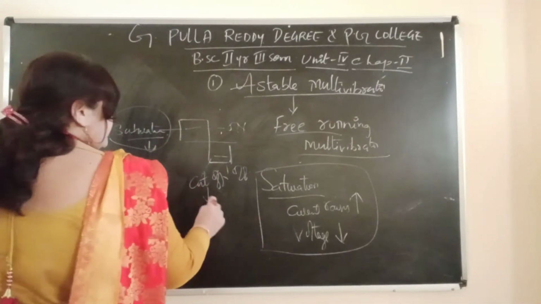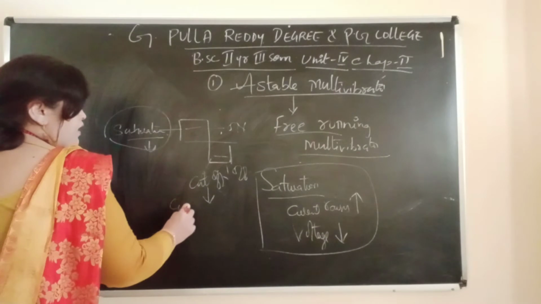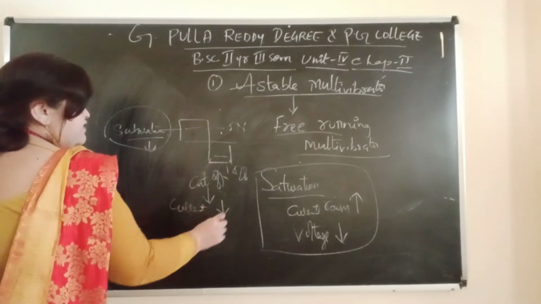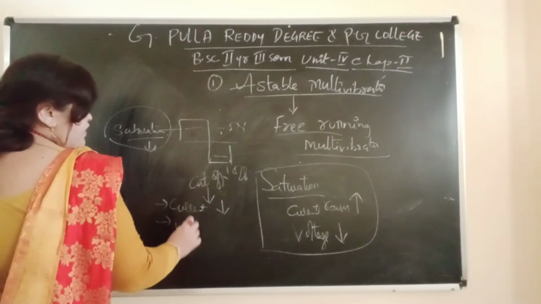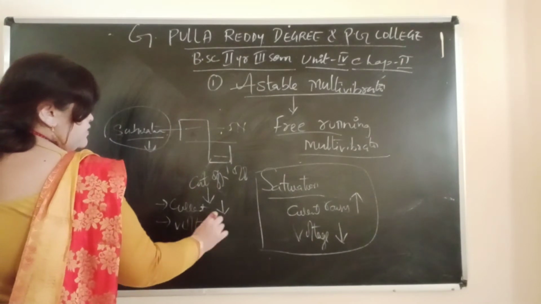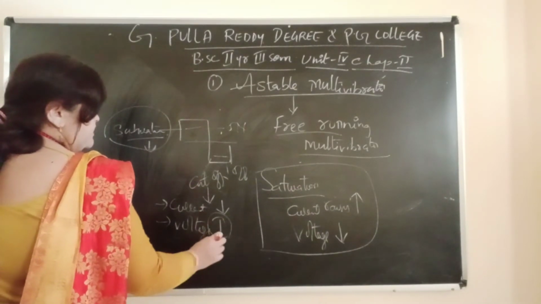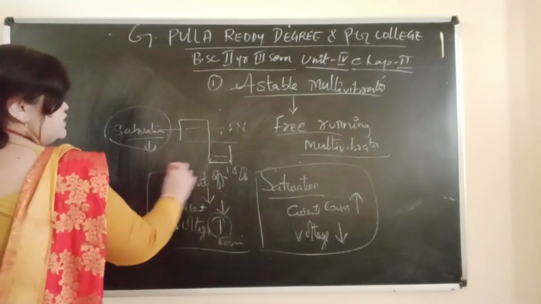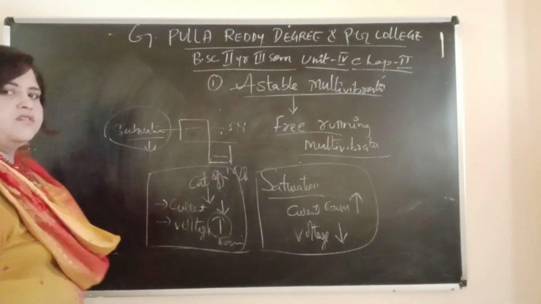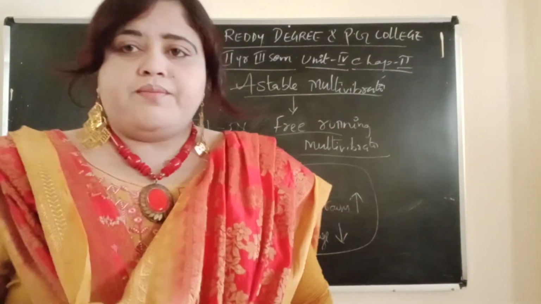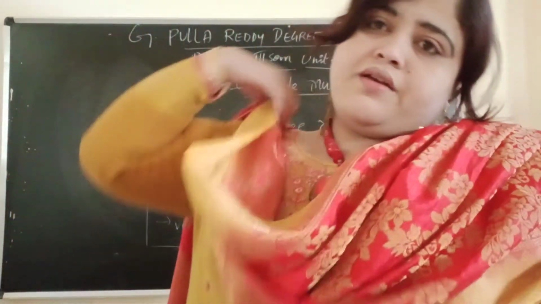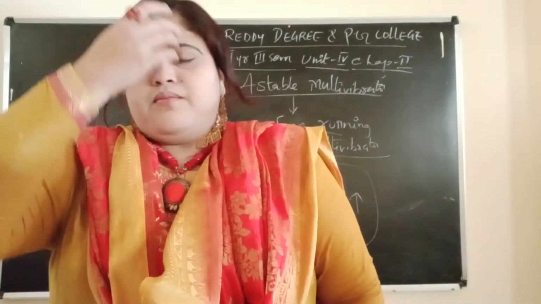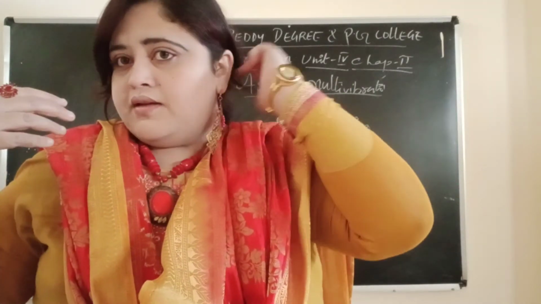Whereas when it is in cut off, current will decrease and voltage will increase, means voltage will rise. This is the situation of cut off. If you remember these two things, you can easily write all three multivibrator answers.